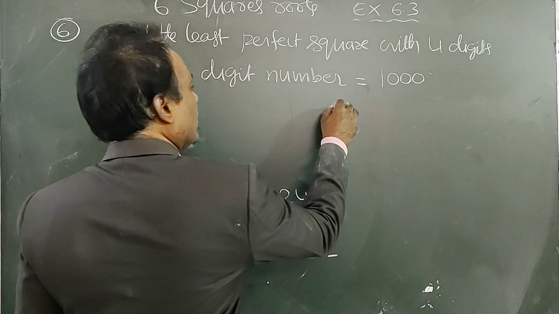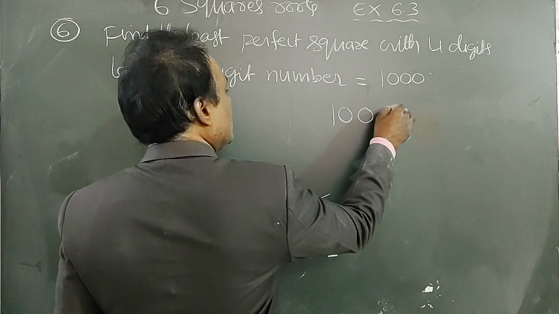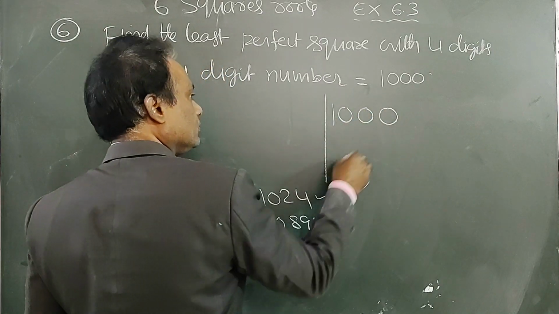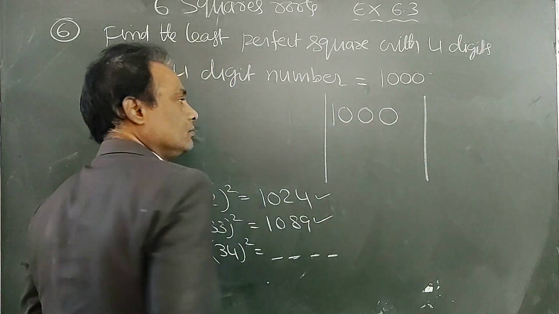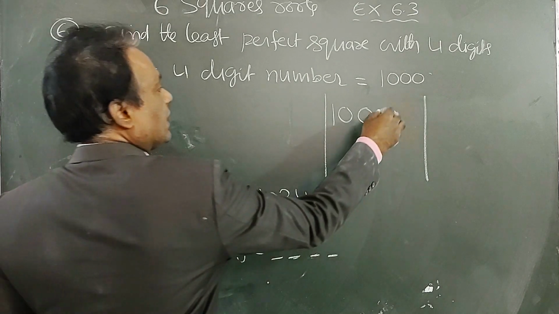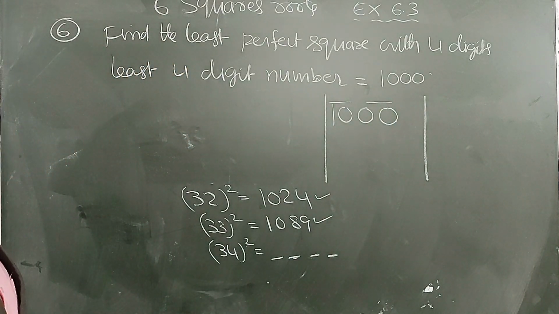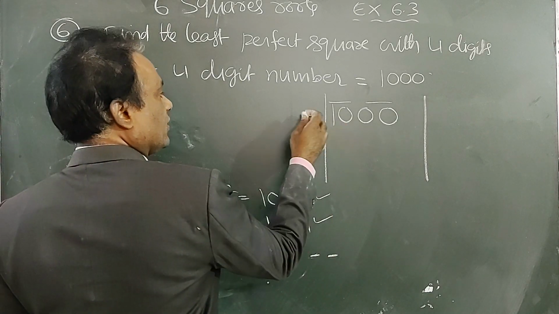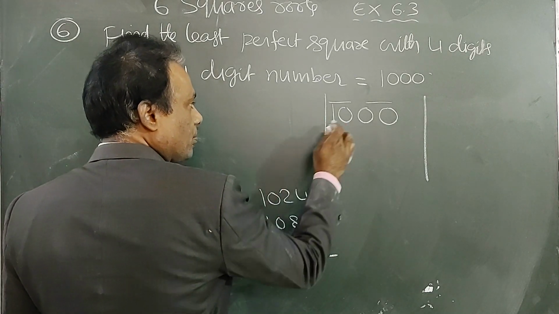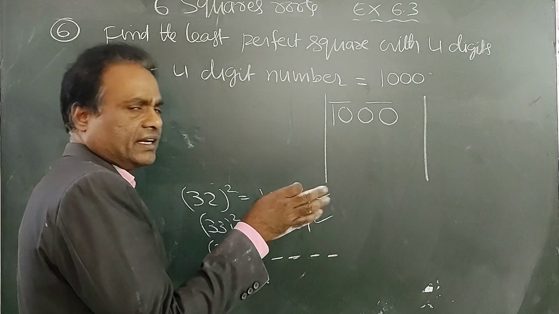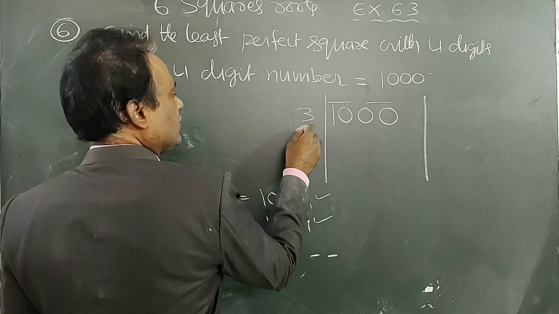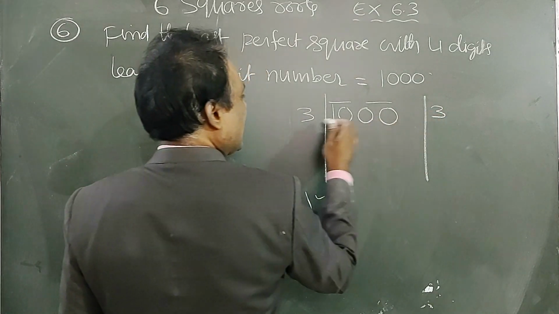Now I am finding the square root of 1000 by division method. Division method. Take two numbers as a pair. First pair we are taking, write a number here, multiply with same number, we have to get 10 or less than 10. 3 3s are 9.